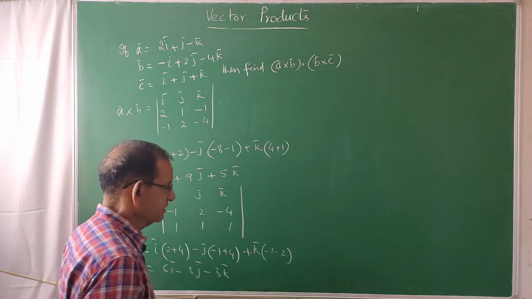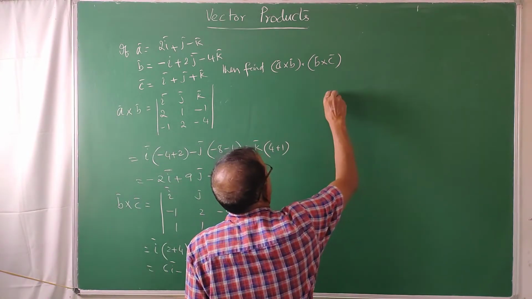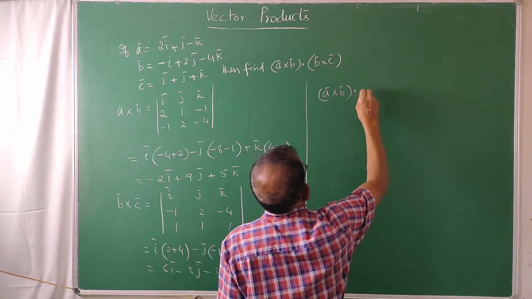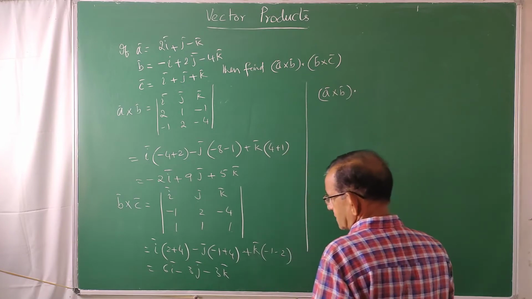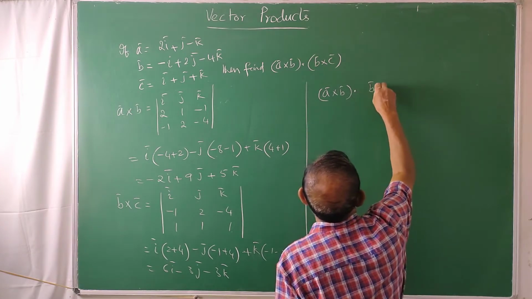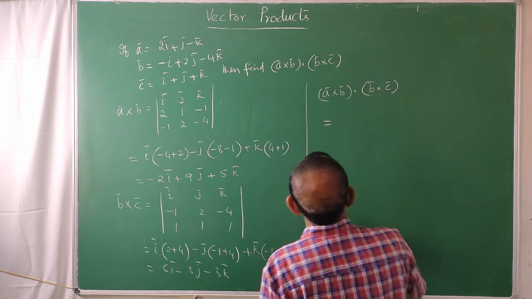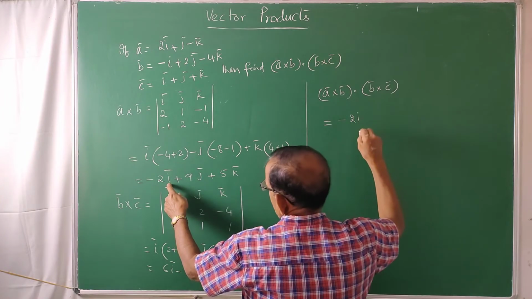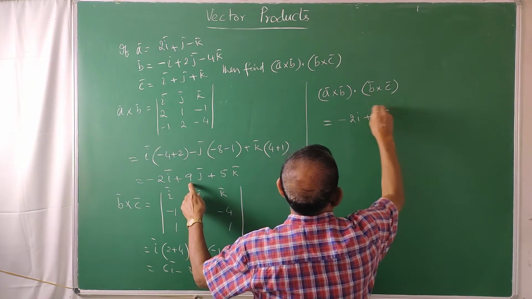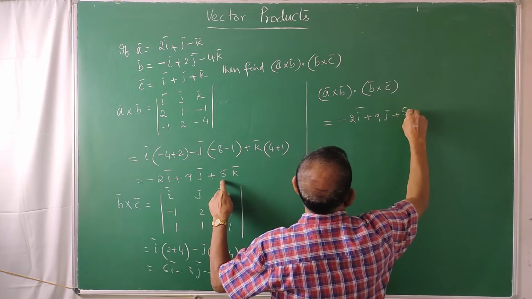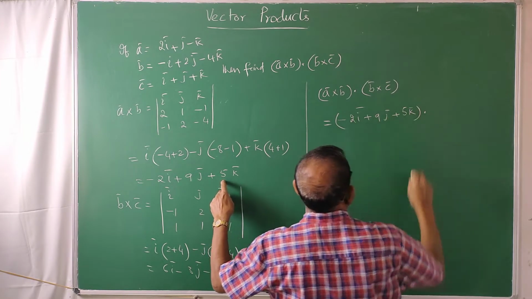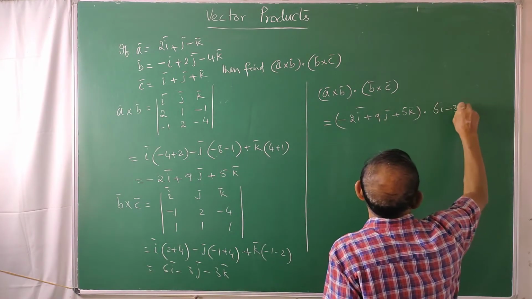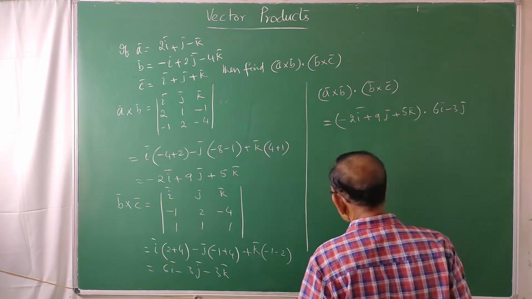Now I have to find out the dot product of these two vectors. A bar cross B bar dot B bar cross C bar is equal to minus 2I plus 9J plus 5K dot 6I minus 3J minus 3K.